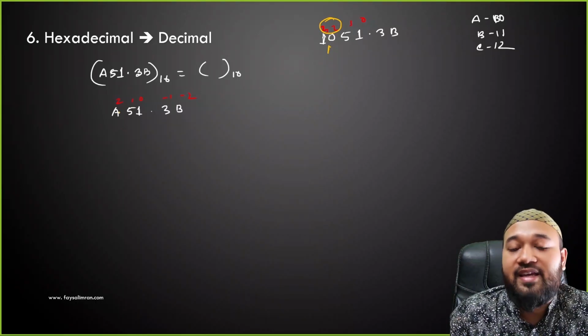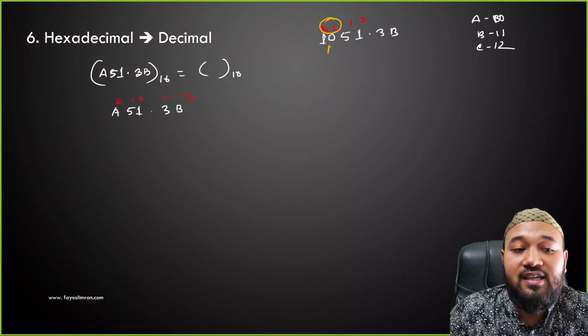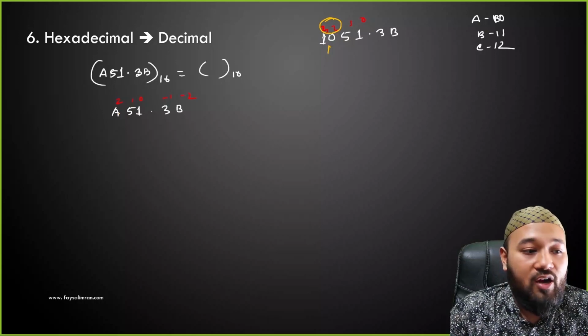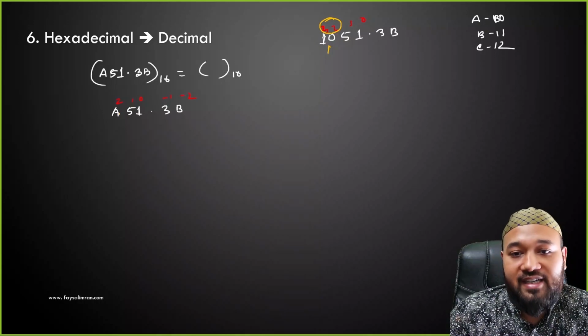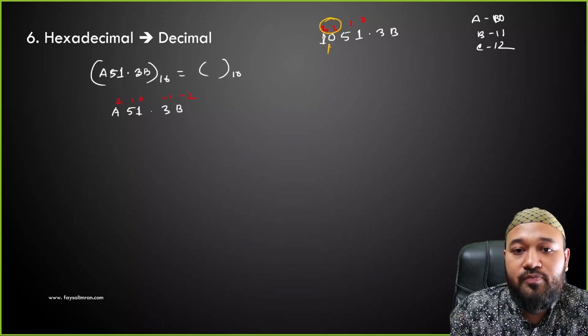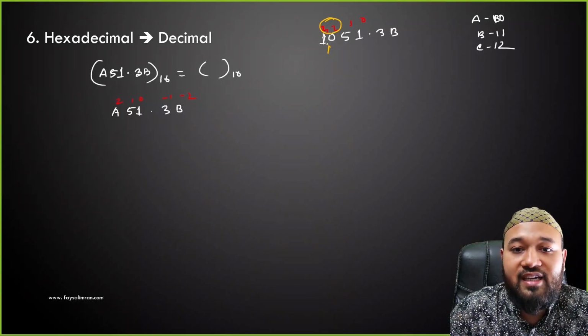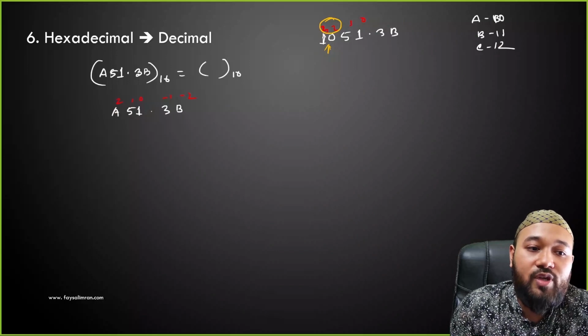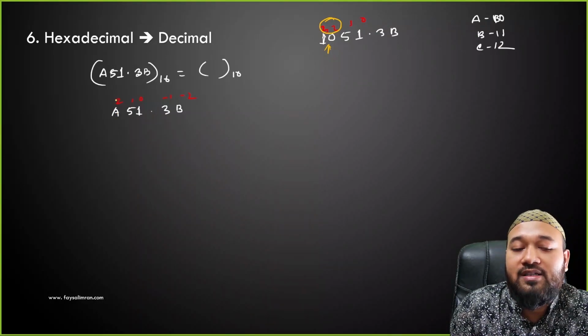A is a hexadecimal digit, and a digit cannot take 2 or 3 places at a time. It only holds 1 place at a time. If you write 10, you have to place both digits at 2 and 3, but this is actually not possible. That's why you have to keep it as A, and make the power 2.